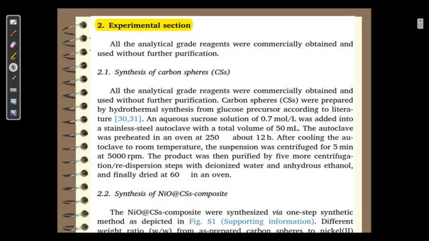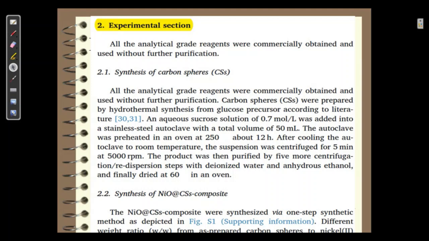As I will show again from one of my articles, that is the experimental section. If we see here, all the analytical reagents were commercially obtained and used without further purification. So this was just the materials. Number one was synthesis of carbon spheres. Clearly, we have some materials and how we prepared them.